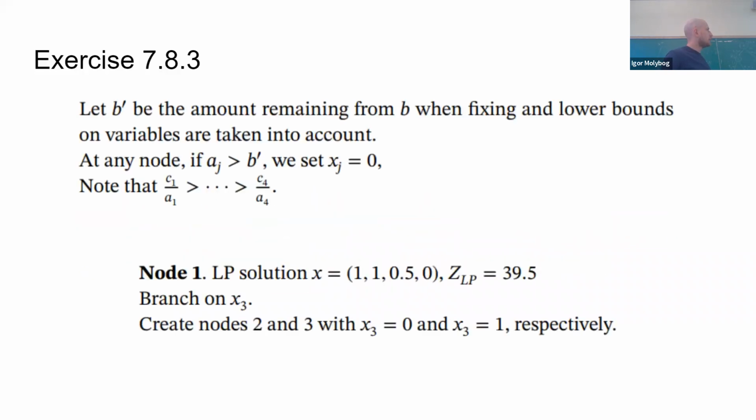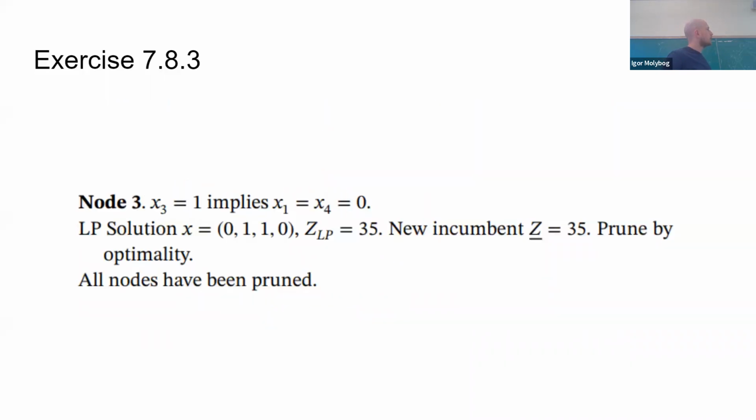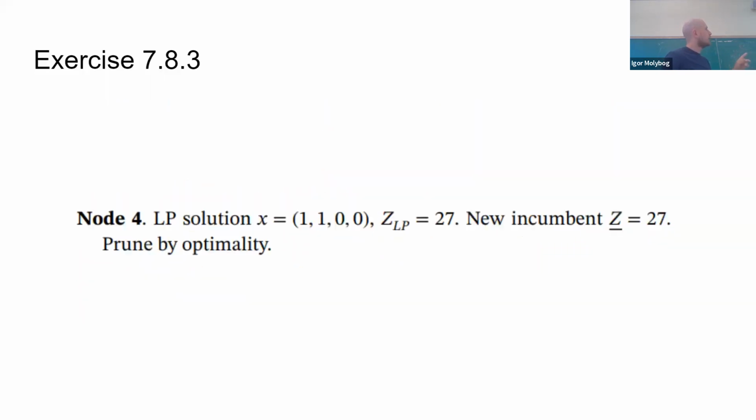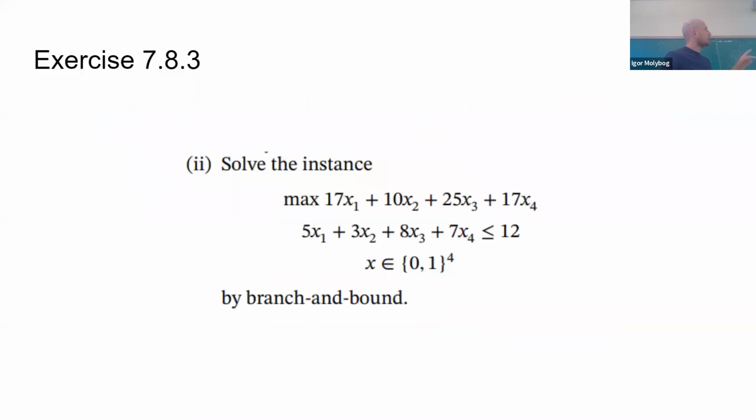Just because if x3 is equal to 1, then our bound has been reduced from 12 to 4, and therefore the only item that can still be put into the backpack is the second item.